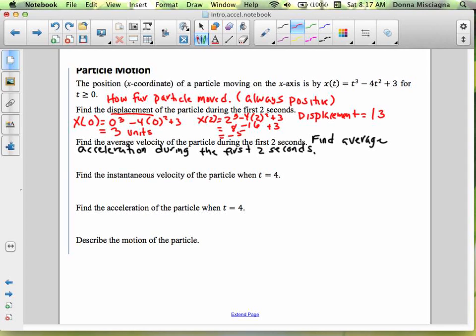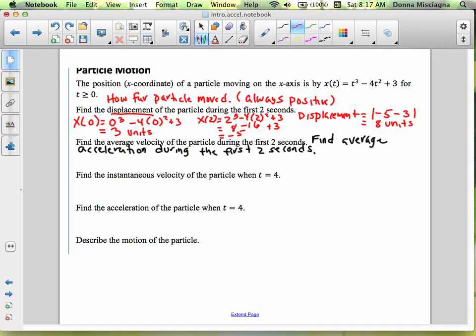So if the ending position is at negative 5, and the starting position was at positive 3, we're taking away 3. That's going to give us 8 units. It's basically just the difference between negative 5 and 3, which is 8 units. So just remember displacement is positive, distance is positive.